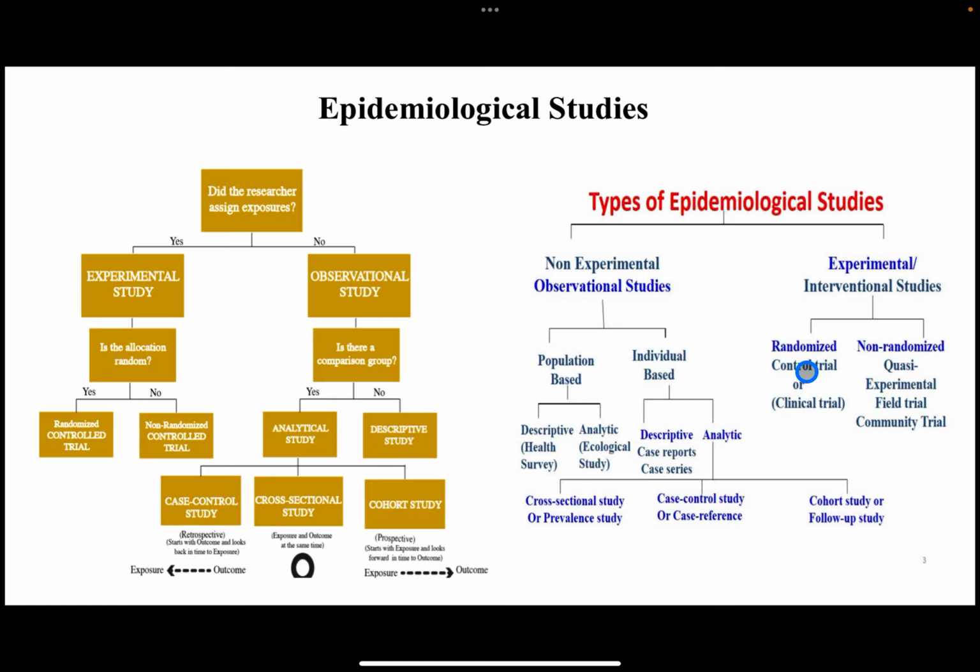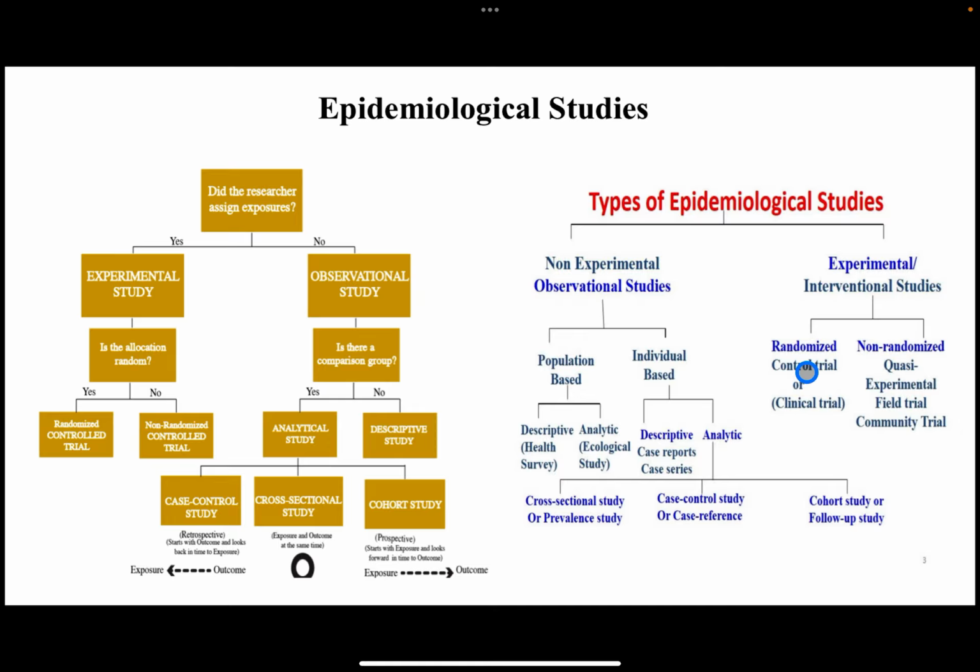The group that will be given the medication, the vaccine or the intervention, and the group that will take the already existing intervention, chances will be allowed during the creation of those groups. Such a study is what we call a randomized control trial. It's an experimental study, but because chances were allowed, we call it a randomized control trial.